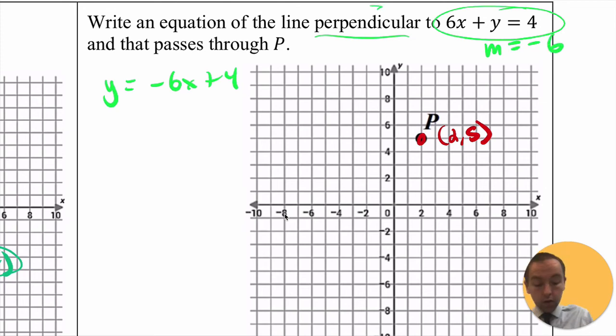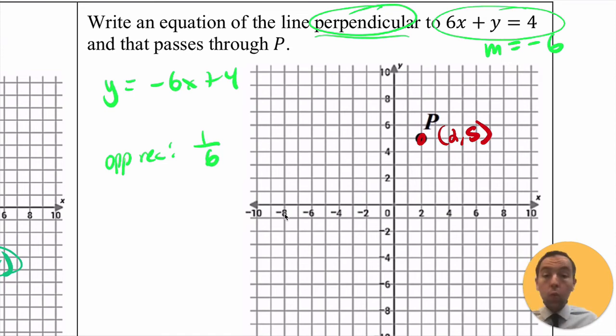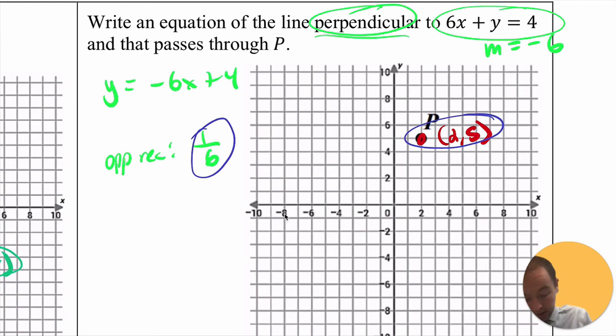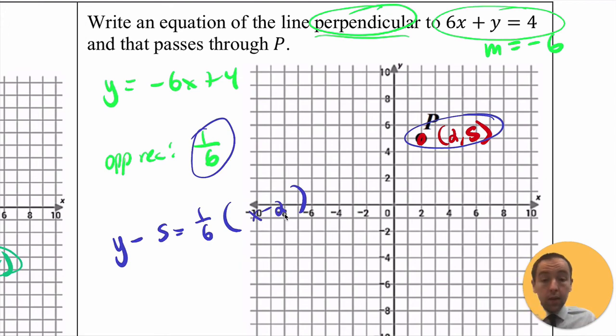So if we're going to go perpendicular, we want the opposite reciprocal of negative 6, which is positive 1/6, and that's what we want the slope of the line to be for the equation that we want to write. Taking the point we want on the line along with the slope, we can write y minus y equals m times the quantity of x minus x, and that would give you the equation of the line.